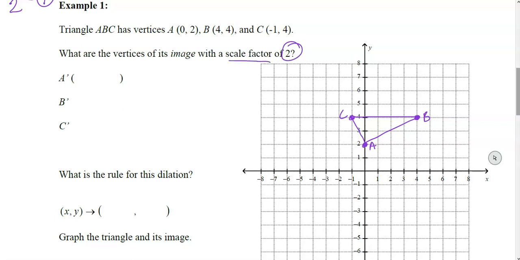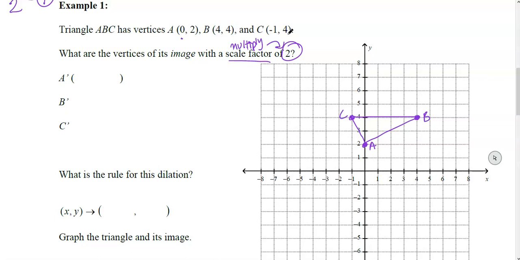Now, scale factor, again, all you're doing is multiplying times 2. Let me write the word multiply. So multiplying times 2. So what does that mean? In order to get the new points, all you have to do is multiply each one by 2. All right? So let's get A prime.